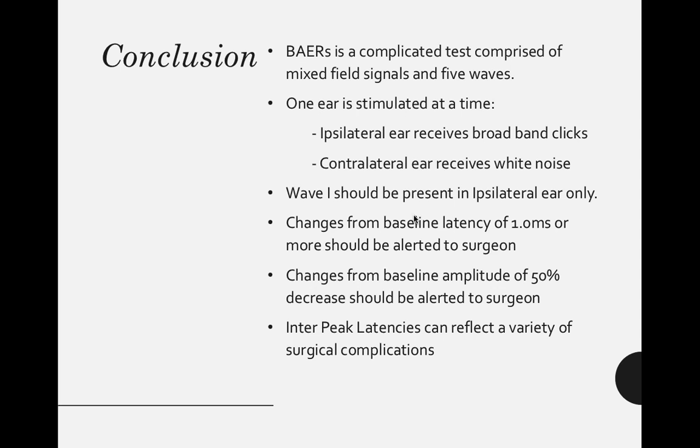The ipsilateral ear receives the broadband clicks, and the contralateral ear receives the white noise. If you want to check the other ear, you've got to switch these. If the left ear gets the clicks and the right ear gets the masking, when we check the other ear, we switch that. The right ear gets the clicks and the left ear gets the masking. And we do those one at a time.